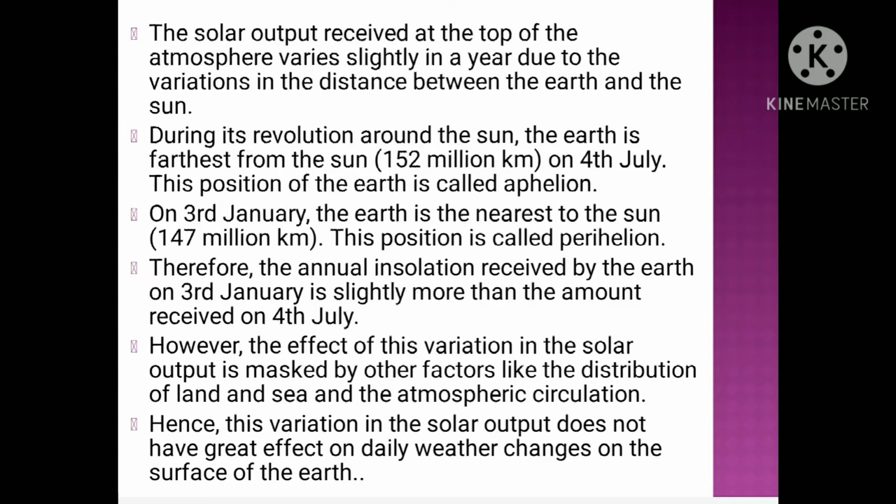So it is one of the factors which affects the distribution of solar radiations. However, there are a number of other factors which also affect the solar output, like distribution of land and water, angle of inclination, and atmospheric circulation. So these are some other factors that also affect the insolation received on the Earth's surface.